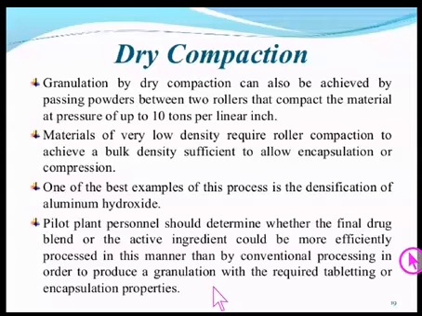Here the pilot plant personnel should determine whether the final drug blend or the active ingredient could be more efficiently processed in this manner than by conventional processing in order to produce a granulation with the required tableting or encapsulation properties.